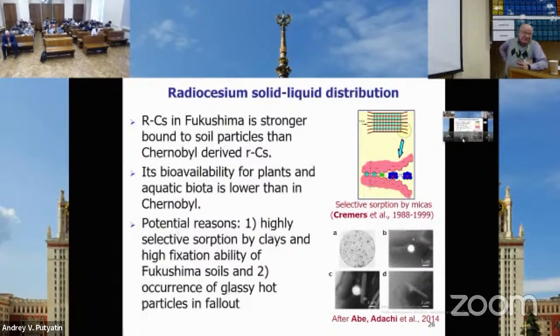Up to 30 and even higher percent of soil consists of clay minerals, which fix and selectively sorb radiocesium. And the second reason is the occurrence of these glassy hot particles in fallout.